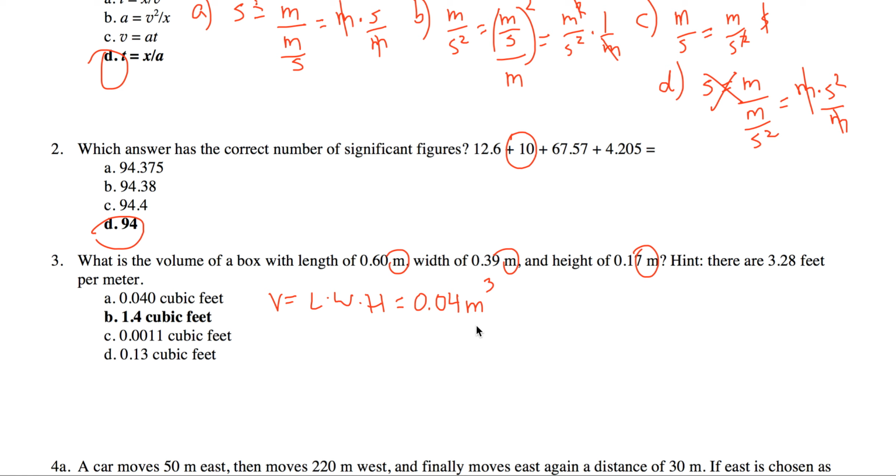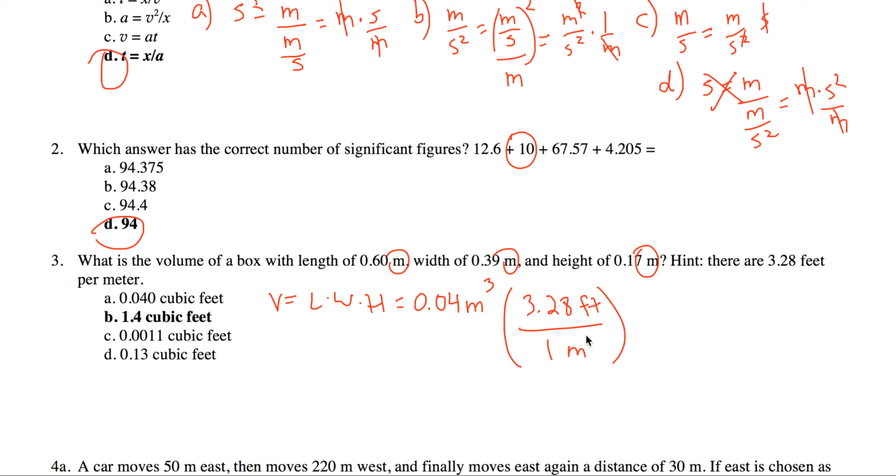So now we need to convert this to feet cubed, and we're given the conversion factor here, 3.28 feet in a meter. So we can go ahead and write our conversion factor here, that we have 3.28 feet in 1 meter. And this is almost done here, but since meters was cubed, we need to have meters cubed over here.